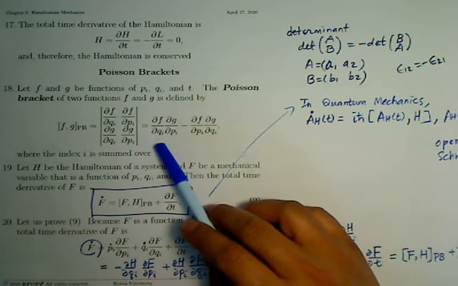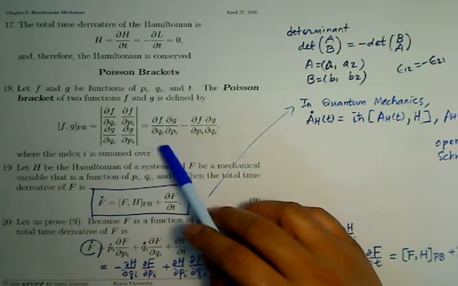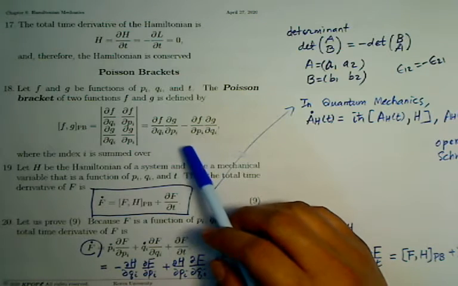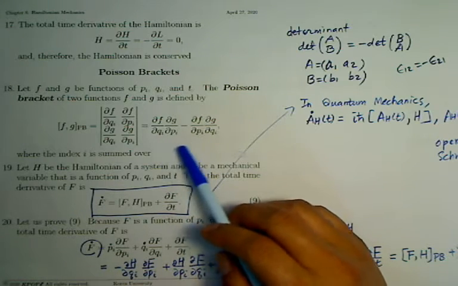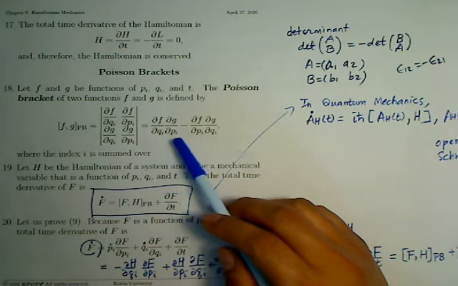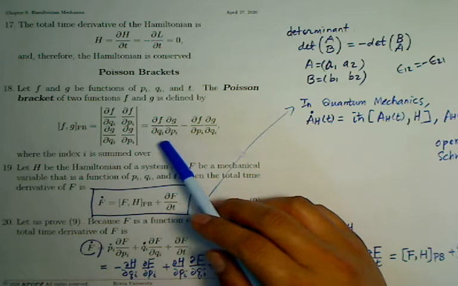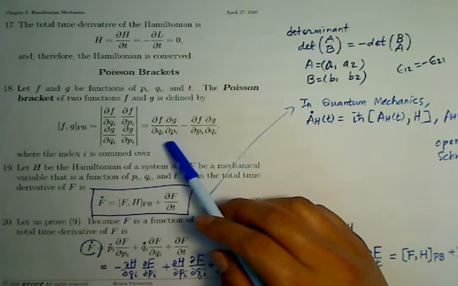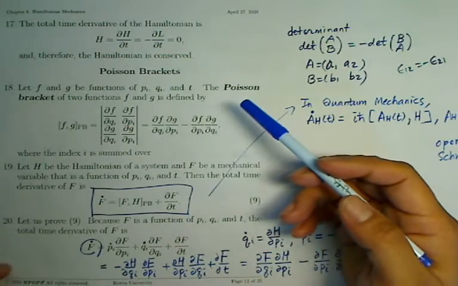And if there are n mechanical coordinates, then the n coordinates are summed over, so an implicit summation over the repeated index i is assumed.